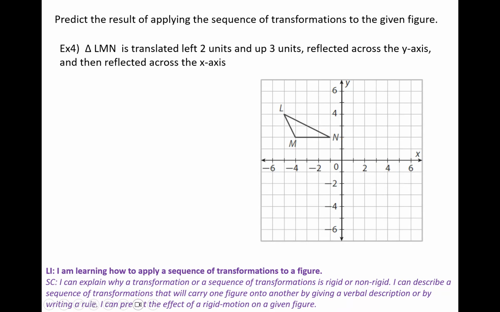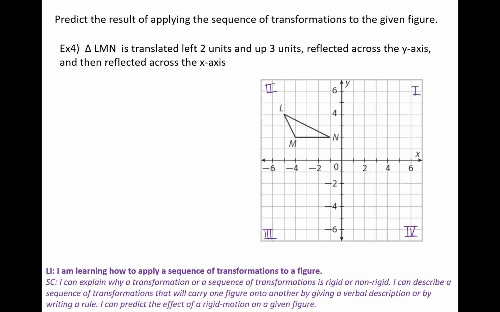Last one, predict the result of applying the sequence of transformations to the given figure. For this one, I'm going to remind us before we jump in about our quadrants. So we have quadrant 1, quadrant 2, quadrant 3, and quadrant 4. All right, so as we go through the list, I'm going to start with my regular writing utensil.